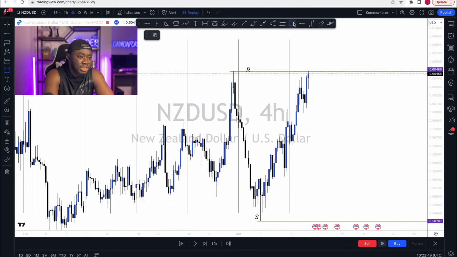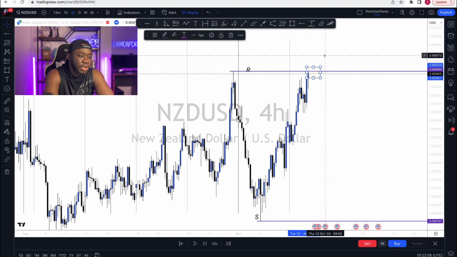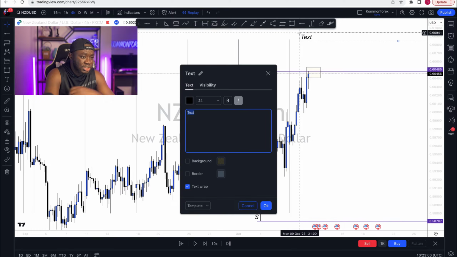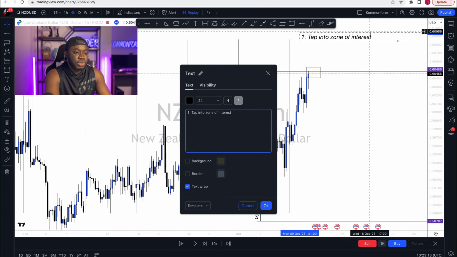So now that the market has tapped into my zone of interest, what do I want to do next? I want to simply shade this zone, expecting my reaction and then my consolidation to happen here. So what I always want to see: the first thing I want is for the market to tap into my zone of interest.